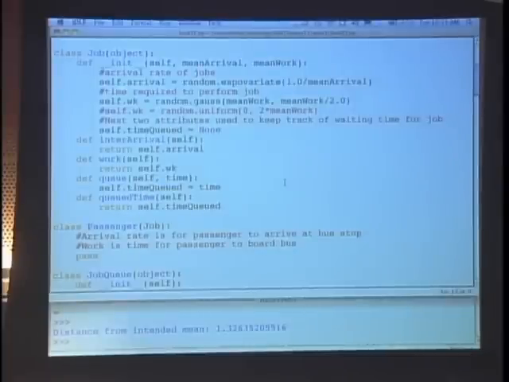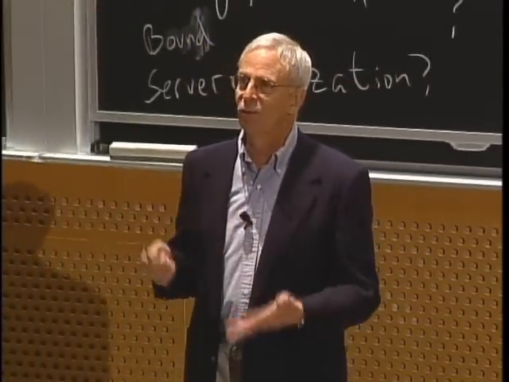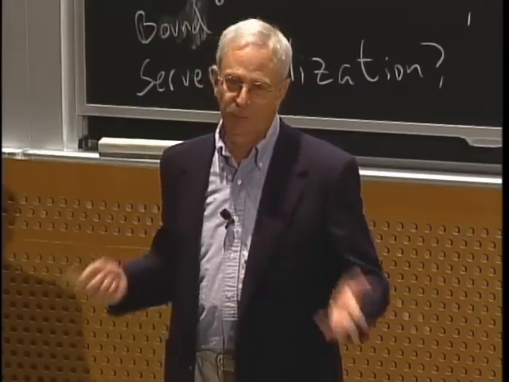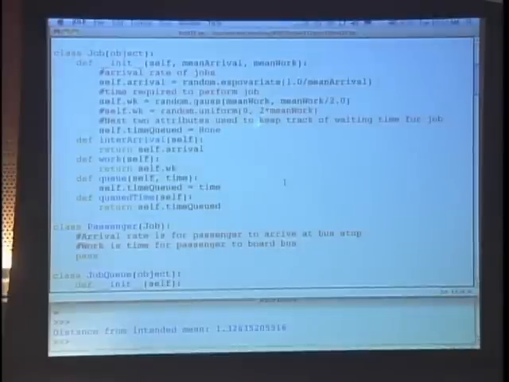I've chosen to model arrivals as exponential, and I've chosen to model work as a Gaussian. Nothing magic about this. In fact, I played with various other models. What would happen if the work were uniformly distributed or exponentially distributed? And of course, you get different answers.